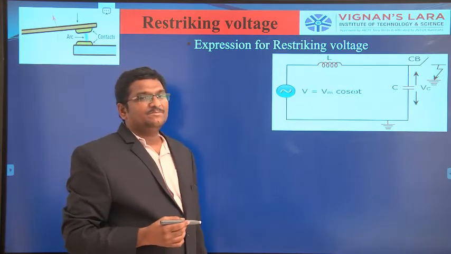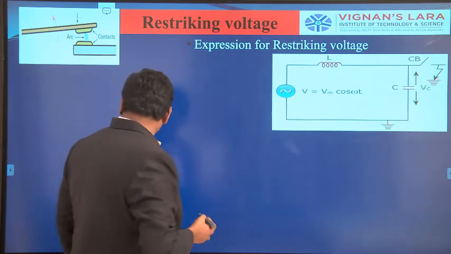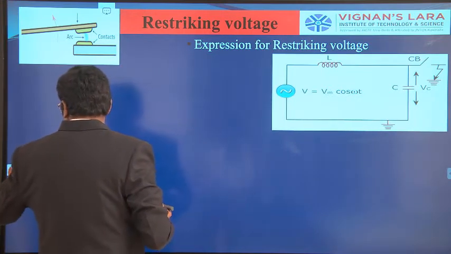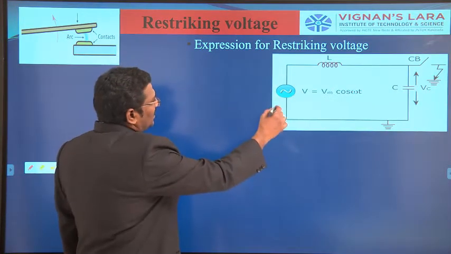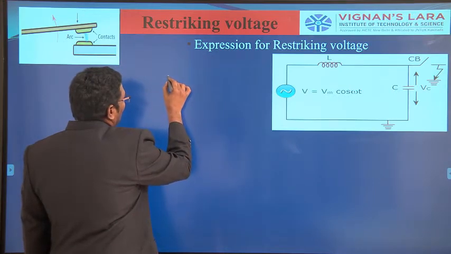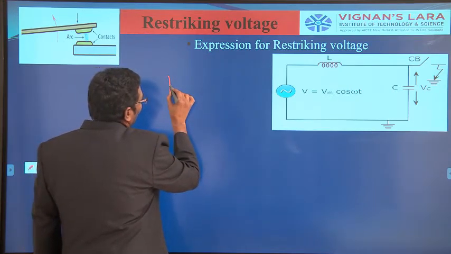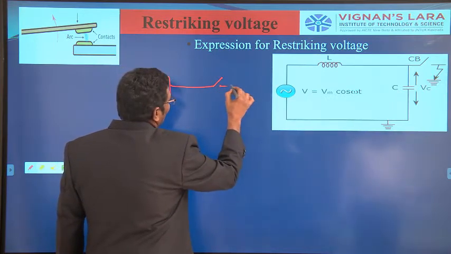Let us consider a simple circuit diagram. For example, this is our bus bar. These are the feeders. Next, this is the circuit breaker location.